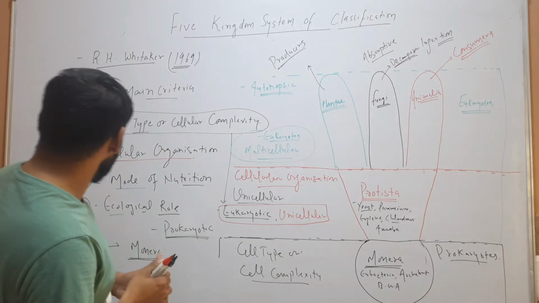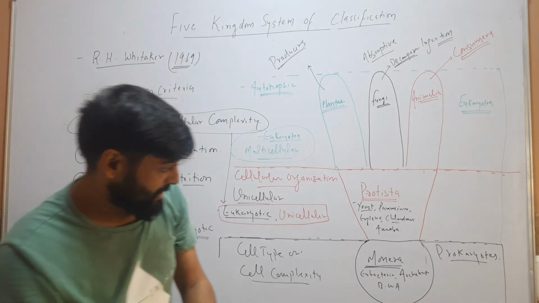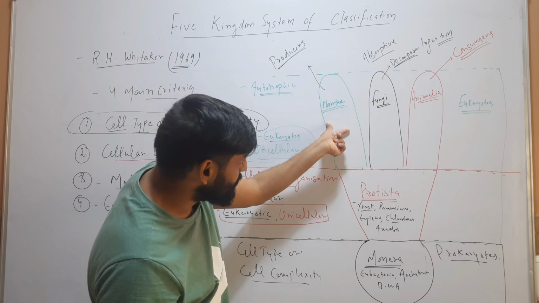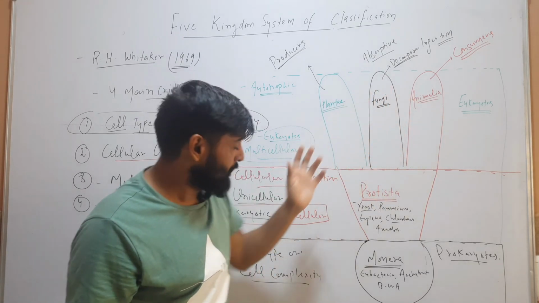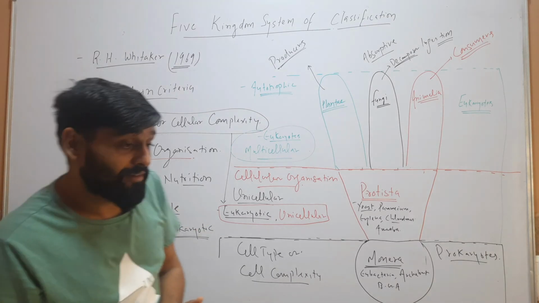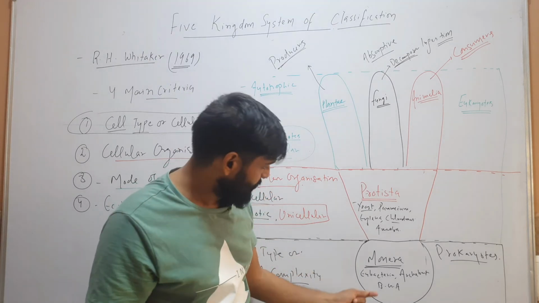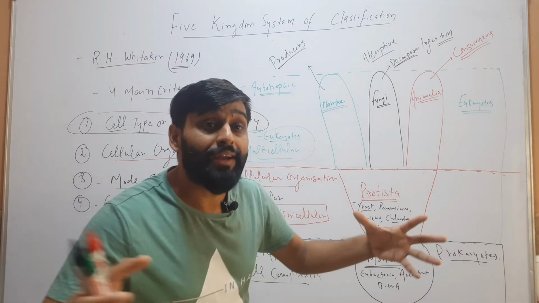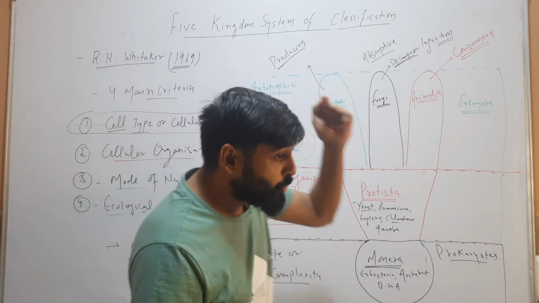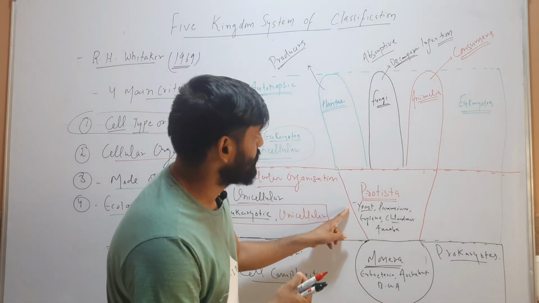So on the basis of these 4 criteria, R.H. Whittaker gave the 5 kingdom system of classification, and these 5 kingdoms are monera, protista, plantae, fungi, and animalia. First, on the basis of cell complexity, a cell is either prokaryotic or eukaryotic. All the prokaryotic cells, that are eubacteria, archaebacteria, and blue-green algae, were kept in kingdom monera. All the eukaryotic cells which are unicellular were kept in kingdom protista.